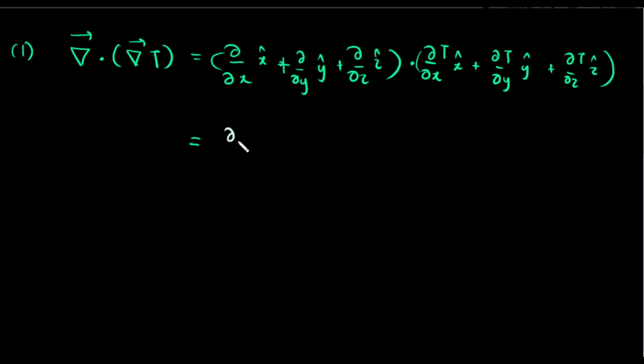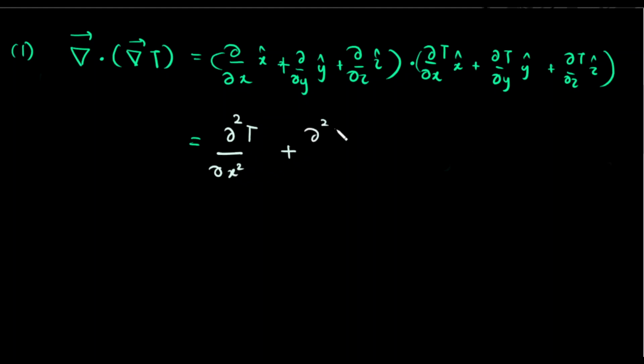So you have ∂² over ∂x², because this is not just a number, it is a differentiation. Since there is a scalar, we have to use that scalar as well, so you have ∂²t over ∂x².